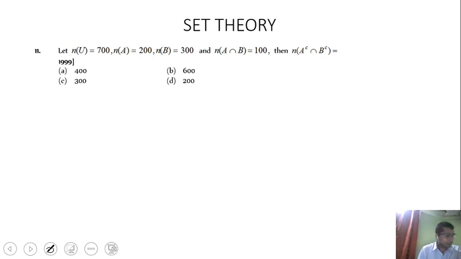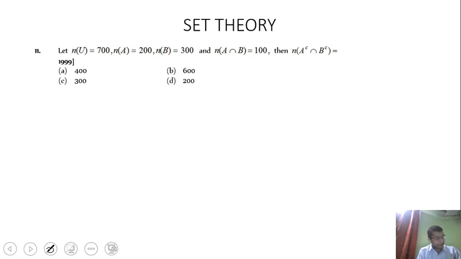Example number 11, it is given that cardinality of universal set U is 700, cardinality of the set A is equal to 200, cardinality of set B equal to 300, and cardinality of A intersection B is 100.